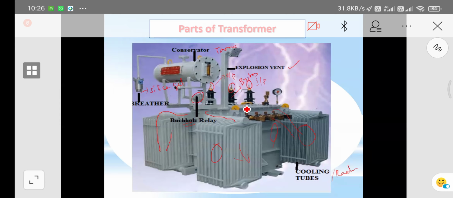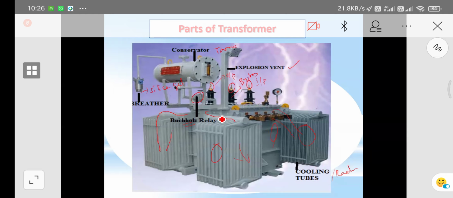Under full load conditions, whenever the load is full, the transformer windings get heated in order to satisfy the load. Thereby the oil present in the main tank gets heated.